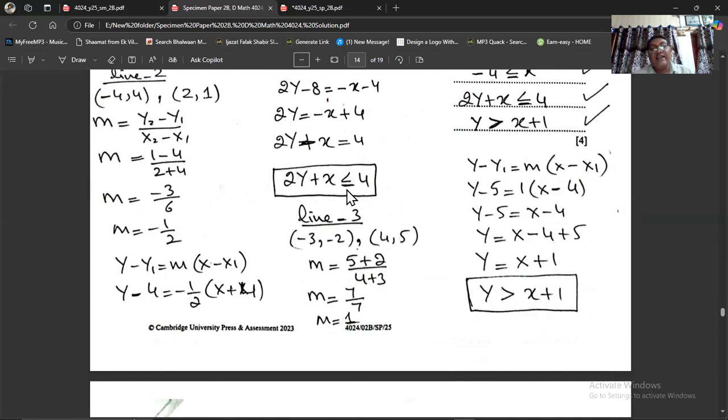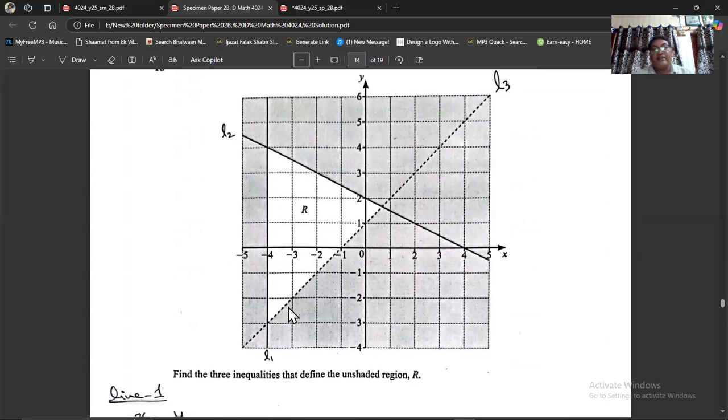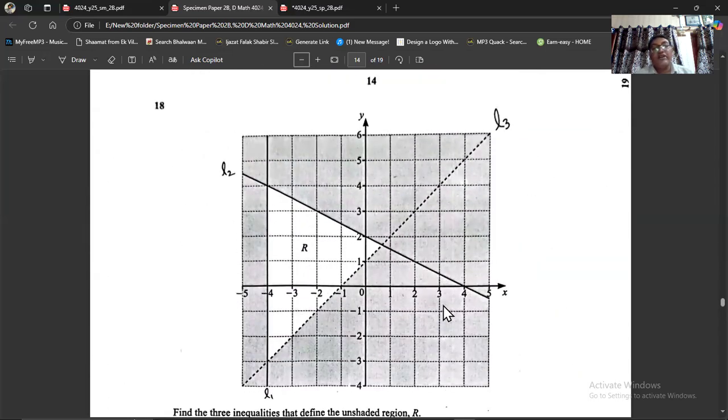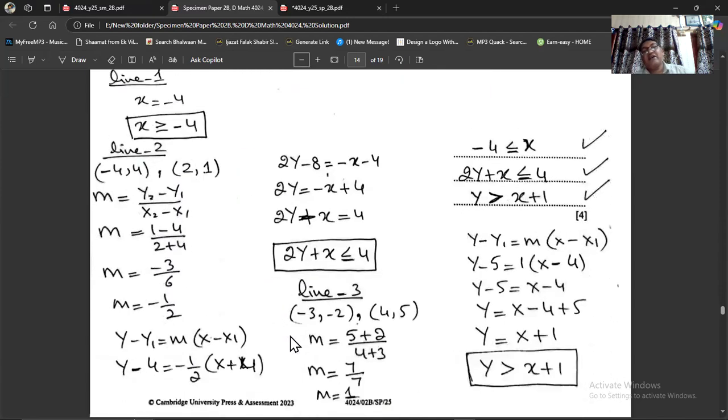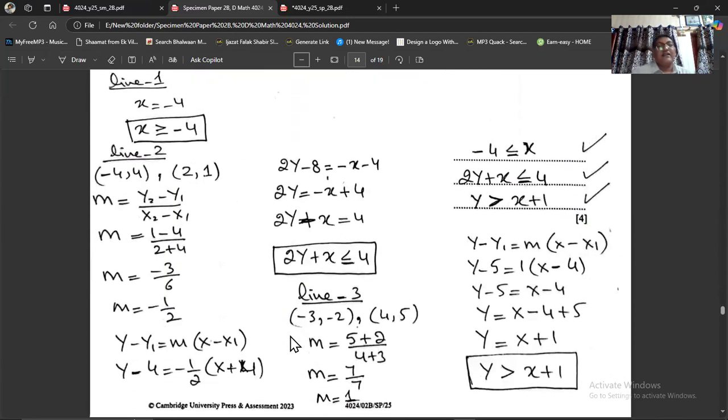Now the third line, I will take 2 points on this line. For example, I took -3, 2, and another point I have taken is 4, 5. I took this point and this point. Then I will find the gradient for the line number 3.